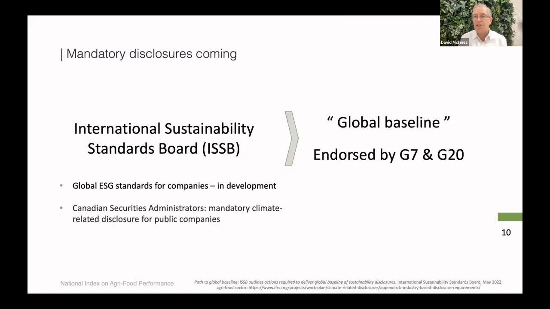A major issue is what's going on in the capital markets among security regulators globally. There is a new international organization that's been set up, the International Sustainability Standards Board. It's essentially creating an ESG global standard for publicly listed companies. This is going to be transformative because it's really going to force up disclosures and ESG reporting.